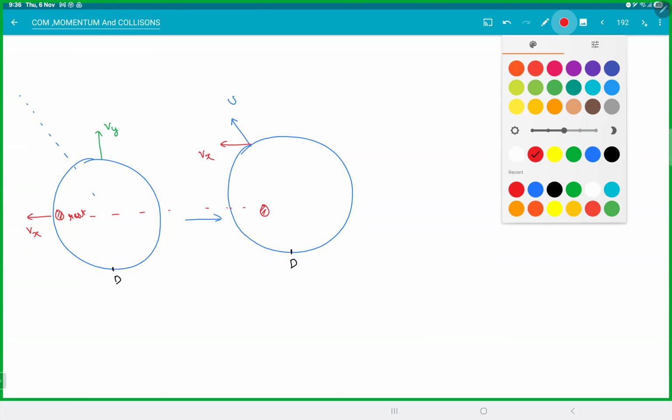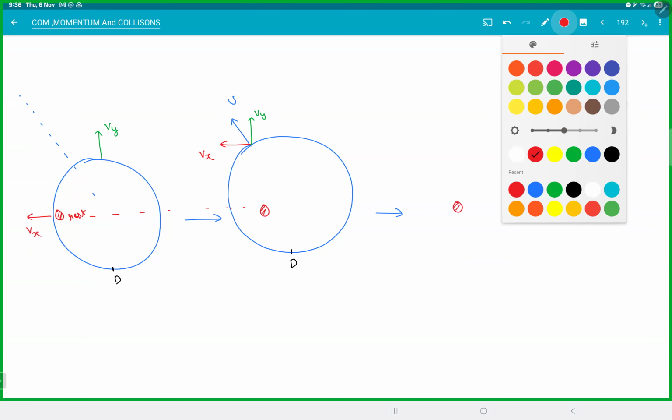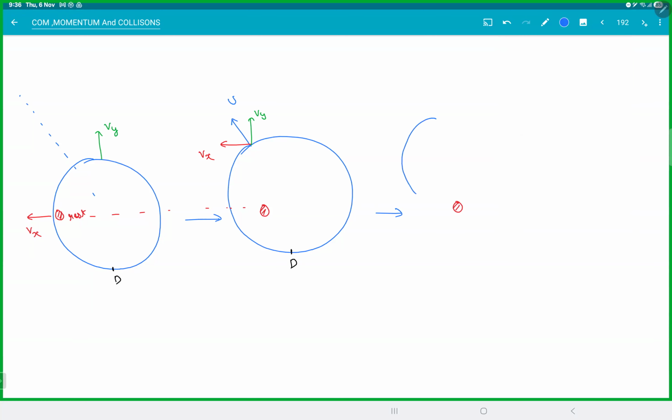It's going with Vx and it's going with Vy. Then as the ring starts going up, the coin will still stay there. Now the ring will come. The ring is still going that way.